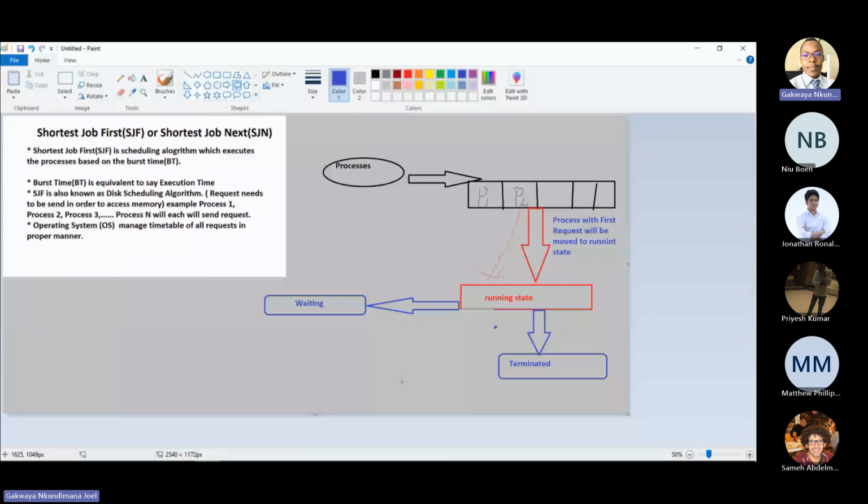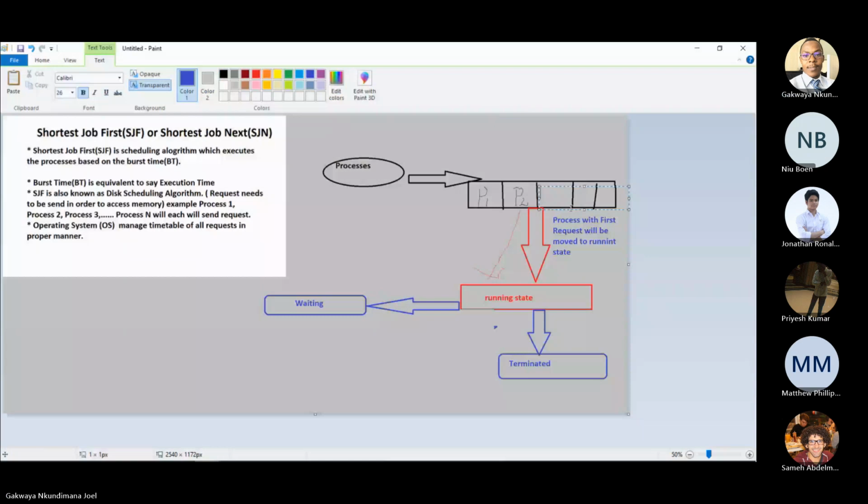Let's say we have a process number 3. Look here, let's take an example. P3 is coming here, and this P3 has burst time 3. The burst time for process 2, P2, let's say was 5.